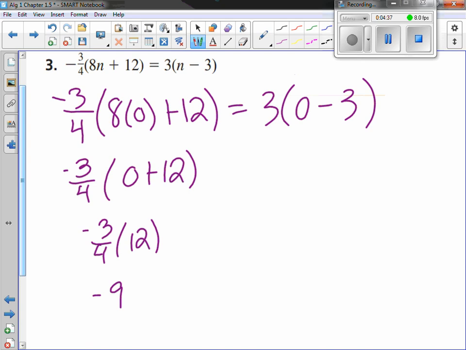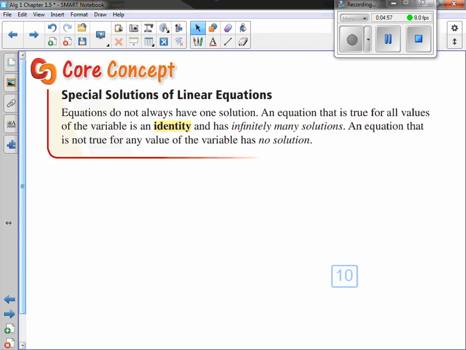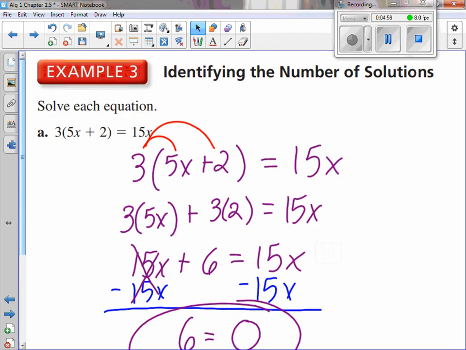We kind of good with this? Well, here, 0 minus 3 is -3. So it works. So here the value of x is 0. It is a number. But what we're saying with the earlier one is that no matter what value of x I plug in, I will never get the same thing on both sides.